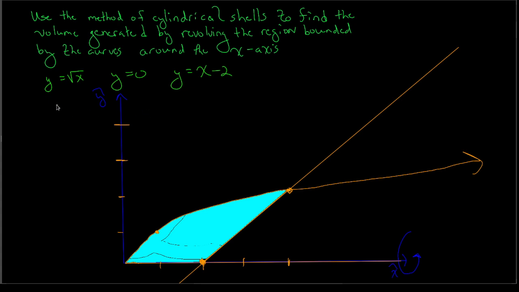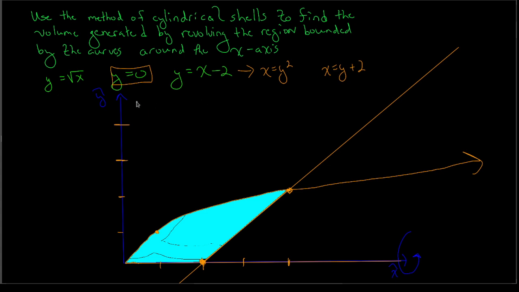So I'm going to rewrite each of these functions. I'll do it over here. X equals y squared for the first function. This is a boundary that we don't need to rewrite. And the second one is x equals y plus 2.